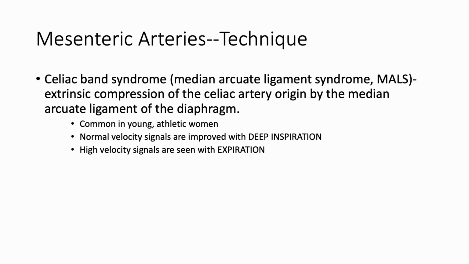So what you need to do is image the celiac artery, and you need to have the patient inhale, take a velocity, and then exhale, take a velocity. And if this is positive, you will see a huge jump in velocity when the patient exhales.